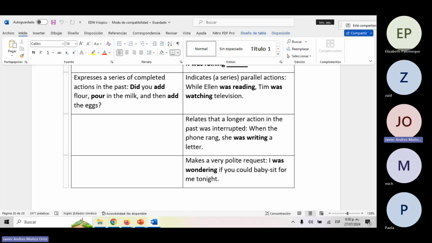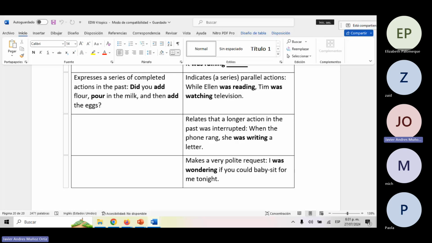So there is a big activity that was interrupted by another activity. The big activity is going to be mentioned in past progressive. The interruption, the activity that interrupts the big activity, is going to be mentioned in past simple tense.